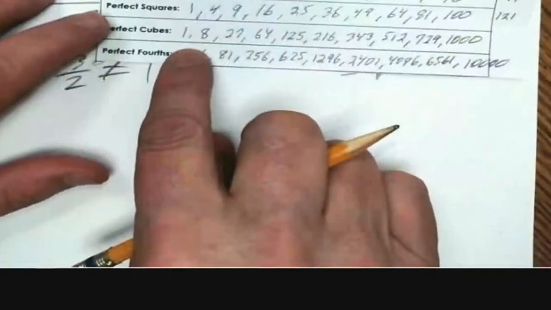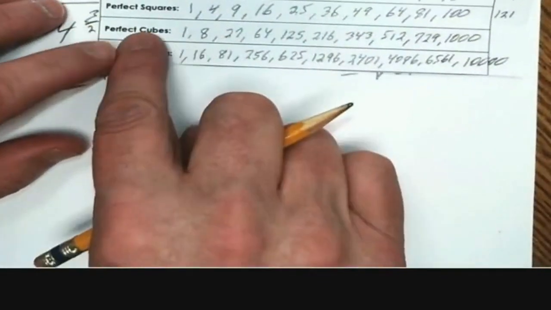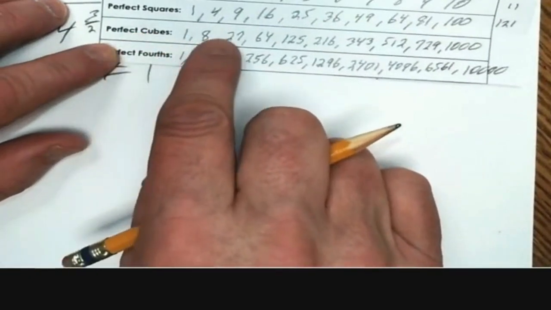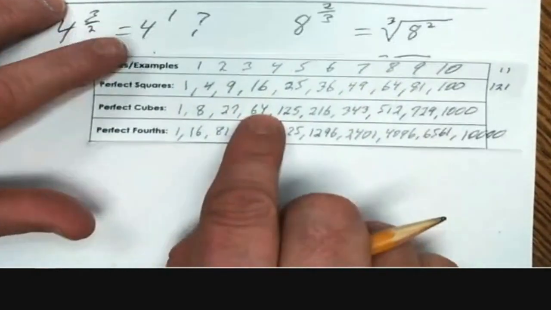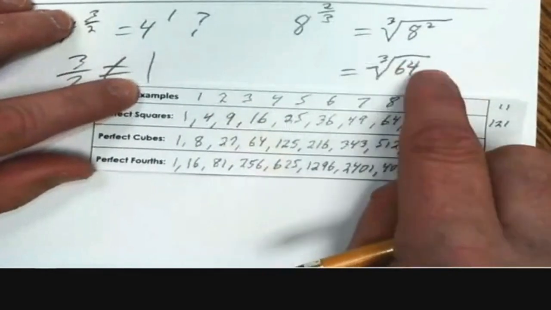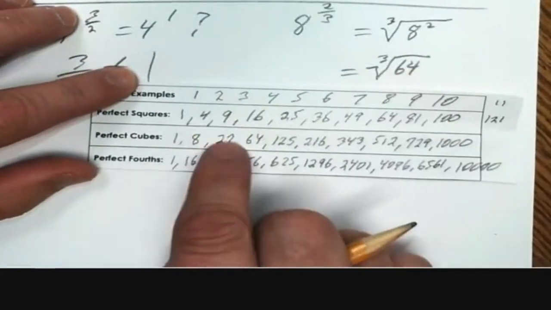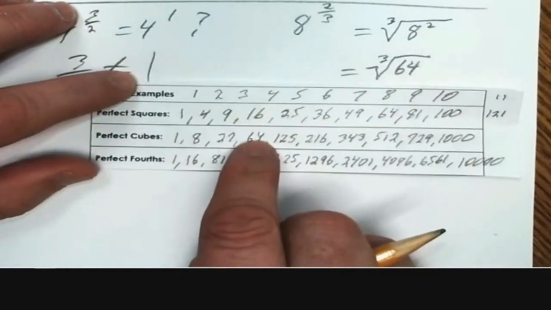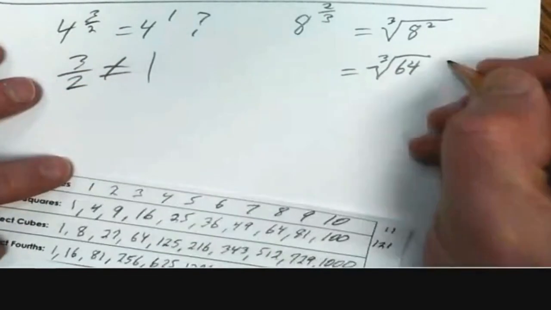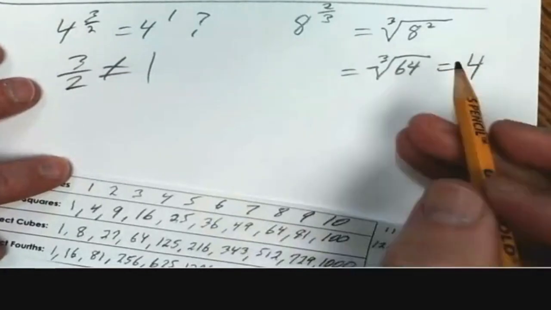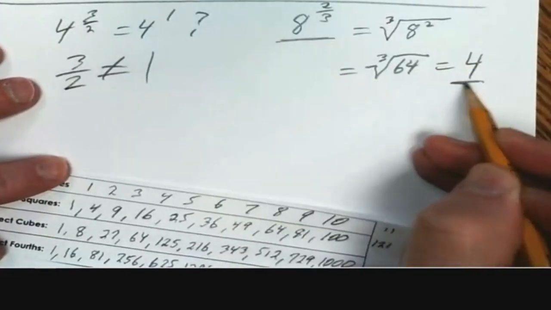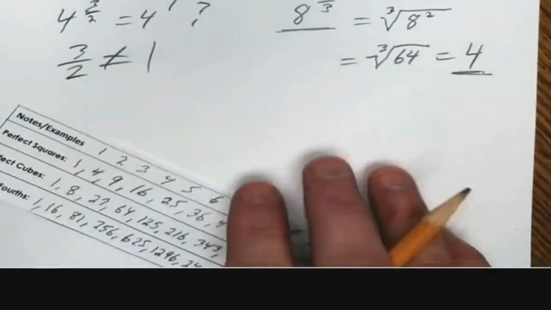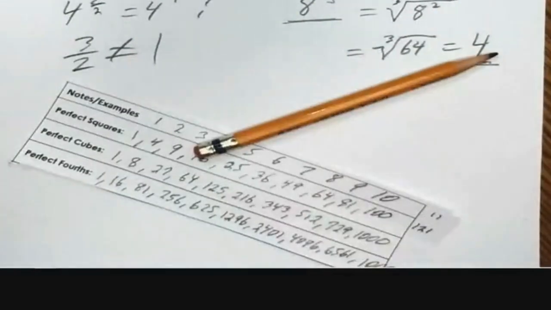Well, if we still have our notes from a couple of weeks ago, because these are always useful when we play with this. Perfect cubes. 1, 8, 27. 64 is a perfect cube. And it coincides with 4. 4 times 4 times 4 is 64. So that equals 4. This is the same thing as 4. Those numbers are equivalent to one another.